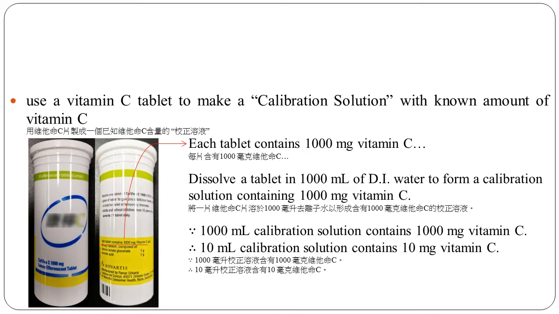The label on the package says that each tablet contains 1000 mg vitamin C. When we dissolve a tablet in 1000 ml of DI water to form a calibration solution, it contains 1000 mg vitamin C. Because 1000 ml calibration solution contains 1000 mg vitamin C, 10 ml calibration solution contains 10 mg vitamin C.